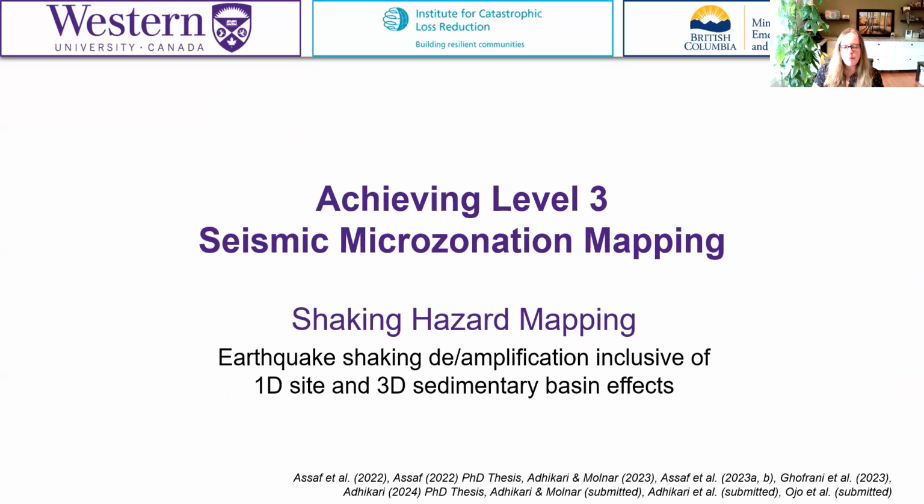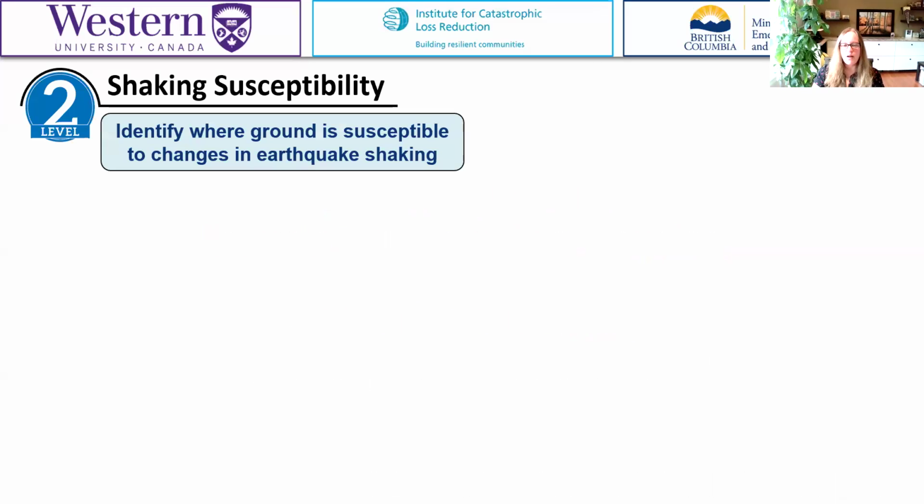For seismic hazard mapping, we are depicting the fact that earthquake shaking will be amplified, increased, or de-amplified, decreased, relative to a reference ground condition of dense, stiff ground. And so the maps are going to show how the ground could be amplified, or the shaking could be increased, due to just the soil column, or just the fact that there's soft sediments, or also whether or not the 3-dimensional sedimentary basin structure increased that ground shaking.